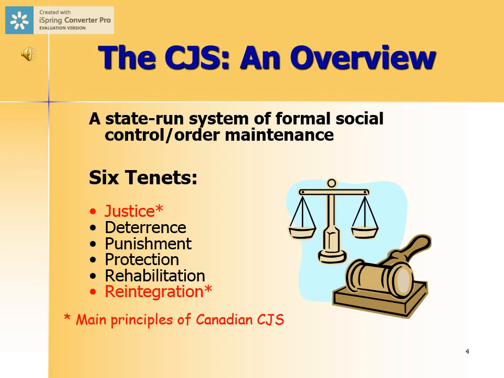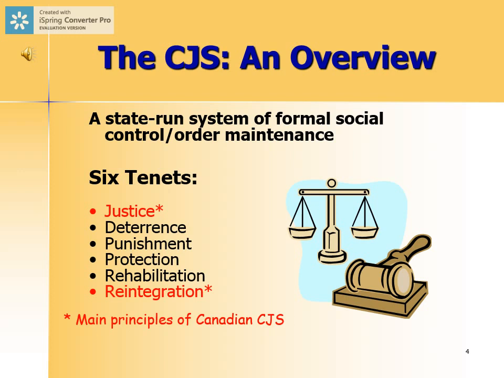The second is deterrence. The criminal justice system is in part there to try to deter individuals from breaking laws or behaving badly. And there's 2 kinds of deterrence. The first is what's called general deterrence, and that's the enactment of laws and other systems to ensure that the general public doesn't break those laws.